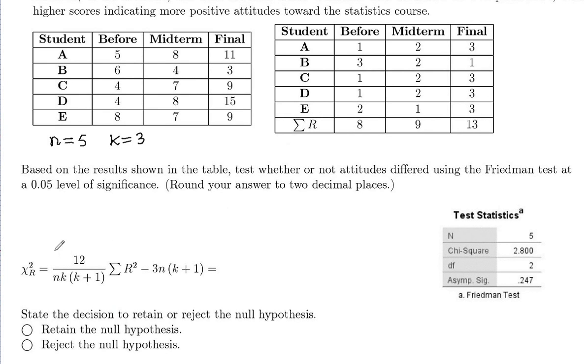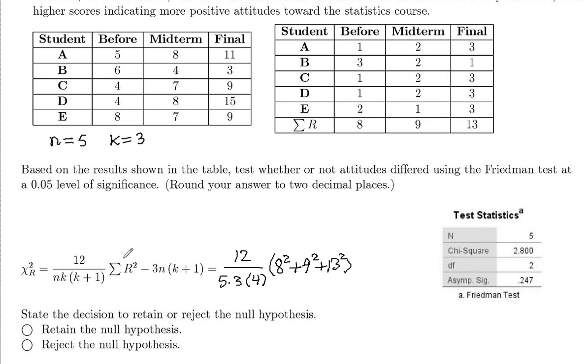So our test statistic here, we do 12 over nk(k+1). So it's going to be 12 over, our n is 5, so it's going to be 5 times 3, and then times 3 plus 1, which will be 4. And then that gets multiplied by the sum of the ranks squared for each one of these scores. So what that means is that you do the 8 squared plus the 9 squared plus the 13 squared.